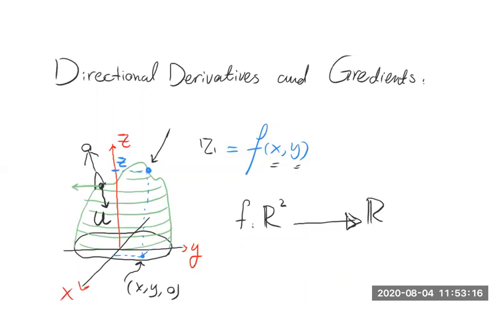We would climb down. If we walked towards this direction, it seems the height really doesn't change much. If we are here, if we walk in that direction, we would go up. If we walk in that direction, we would go down. So the slope in different directions would be different.